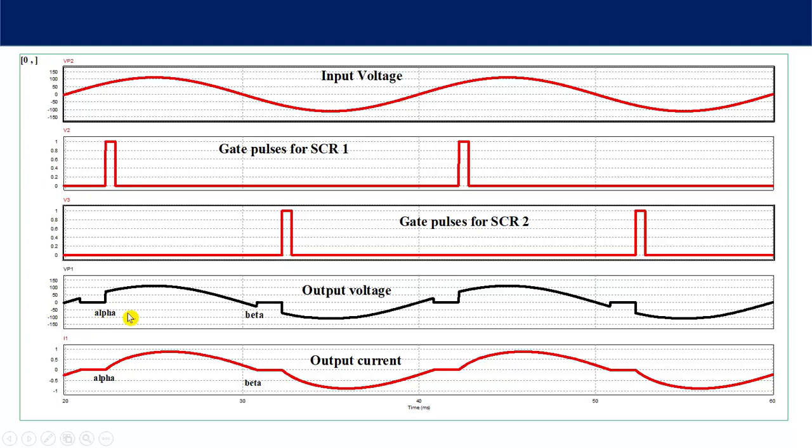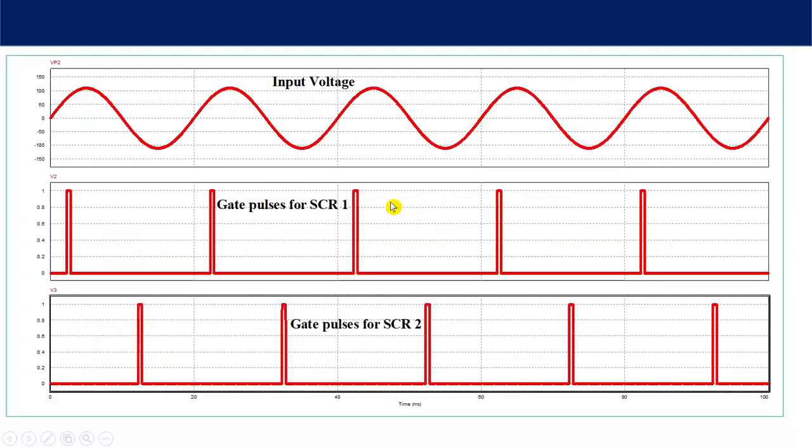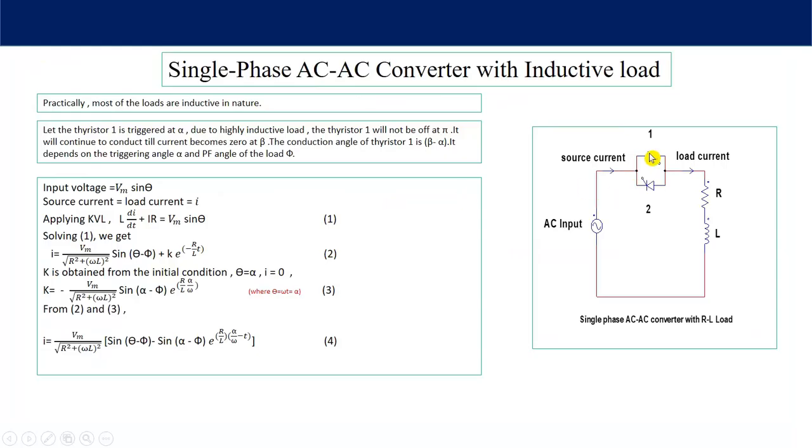So you will see that the output voltage we are getting from alpha will follow the input voltage. As you can see, whenever either of these switches 1 or 2 is on, this output voltage becomes parallel to the input voltage. So the output voltage will follow the input voltage pattern.